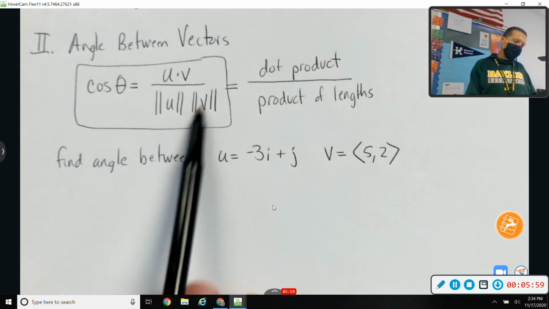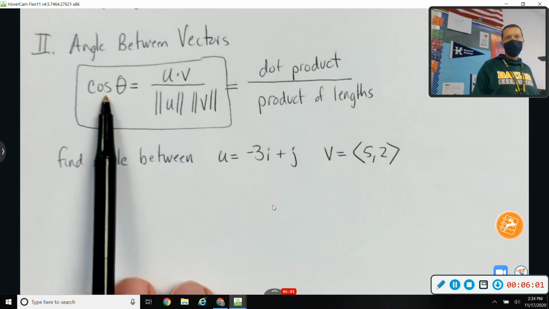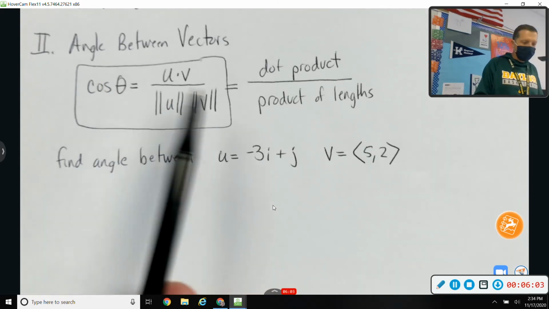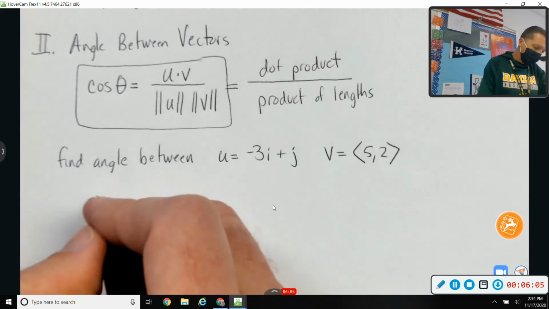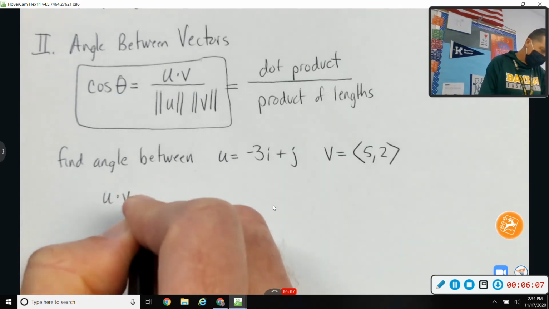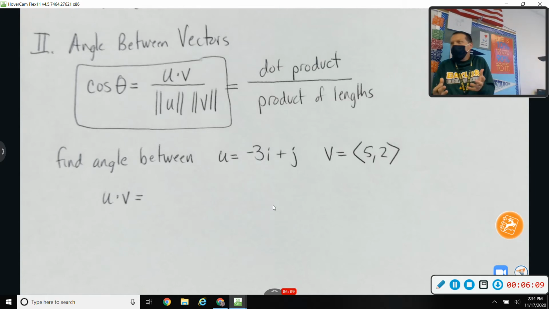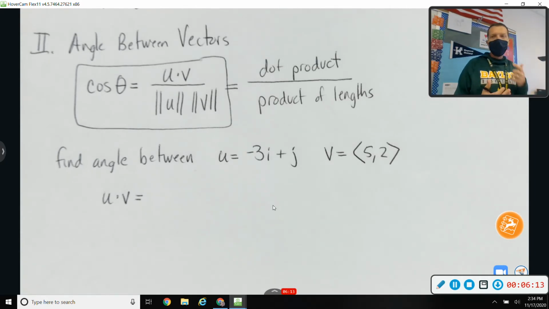So I need to find all these pieces, and then we'll go to the formula. So I can't really jump to the formula yet. I need to find the pieces first. And the pieces are kind of complicated on their own. So this is one place where showing your work is going to be important to getting all the points on the test. You can't just write down the angle. You've got to show me how you got there.